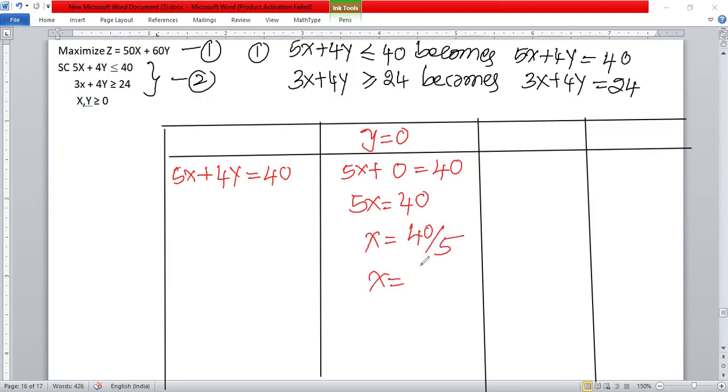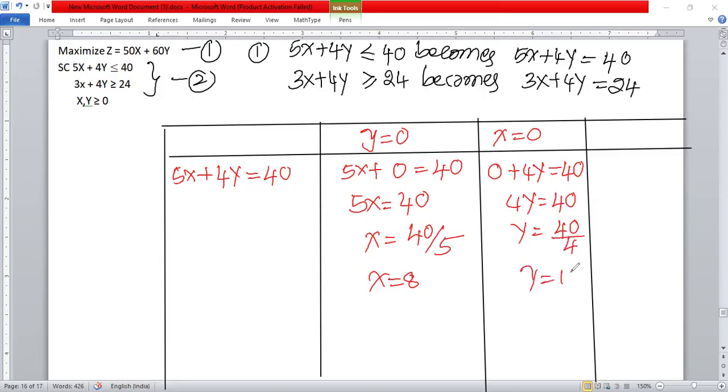So x is equal to 8. 8 5s are 40. Similarly, x is equal to 0. So 0 plus 4y is equal to 40. Therefore, y is equal to 40 divided by 4. So y is equal to 10. So 8 comma 10. So this is x comma y point.